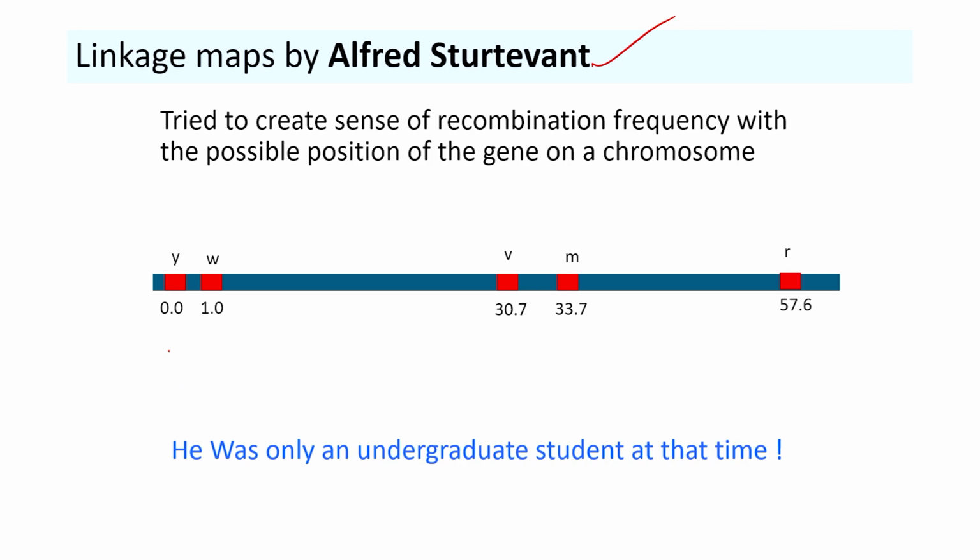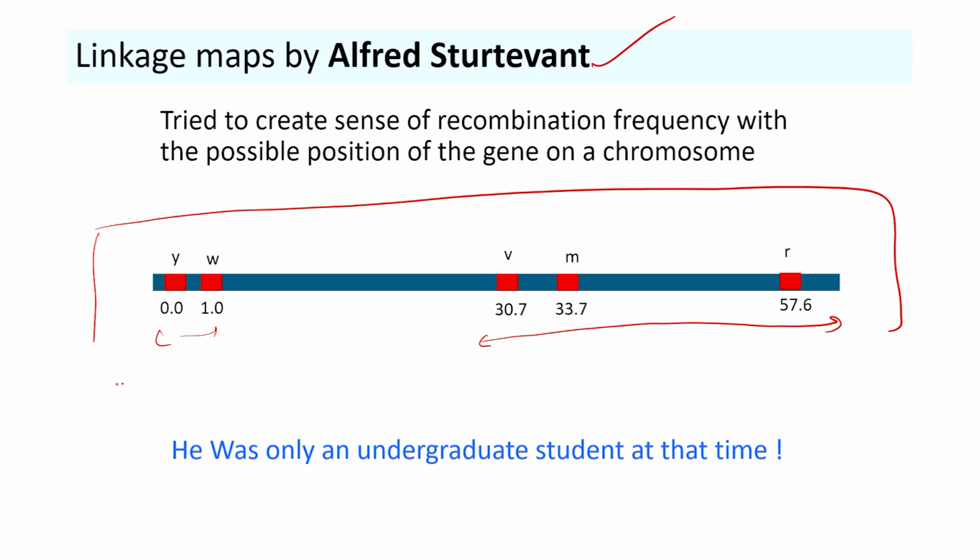In his book he has written that they were so puzzled about this data that one night he took the data with him, and at home when he was supposed to do his assignment work, he was looking at this data, and there he thought that these recombination frequencies make more sense when you arrange them on a chromosome in a linear manner, and that is how the first map of the gene was created.